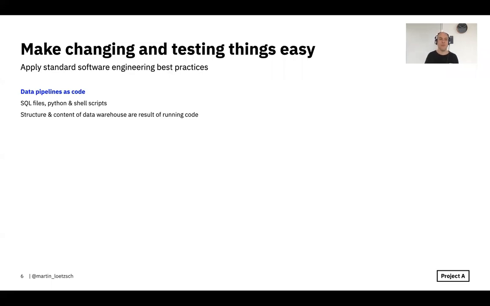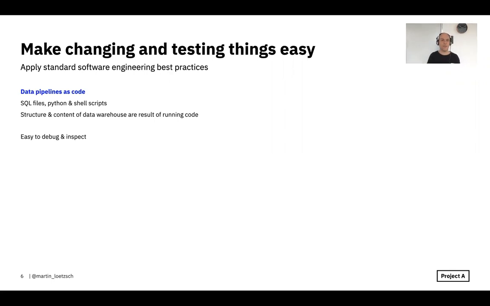when people would rather use so-called click ETL tools. Nowadays, with things like Airflow and especially DBT, this has become a total mainstream opinion or approach. So if you use code, like text files, then these are easy to read.